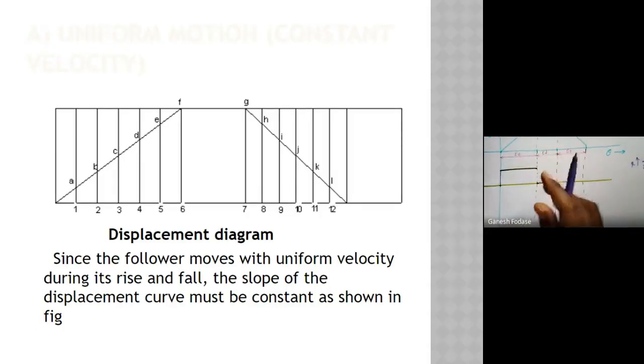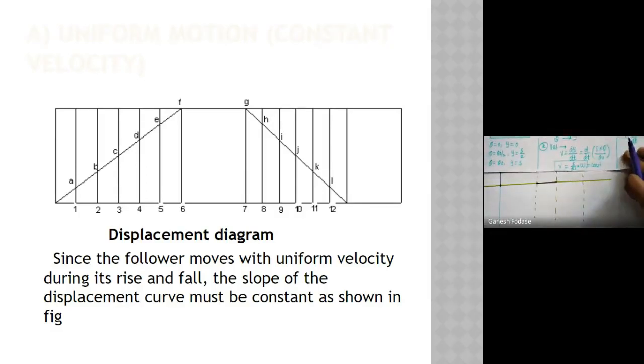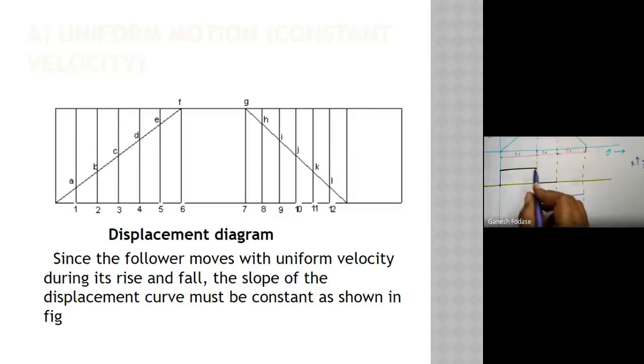With the same magnitude, the formula remains the same, we already derived it. It is S upon theta into omega, this much magnitude of velocity during rise and return, and it will be constant velocity, but below the axis. So we can say negative means in the opposite direction. So if I join this curve now, starting from 0 up to this value, it remains constant.